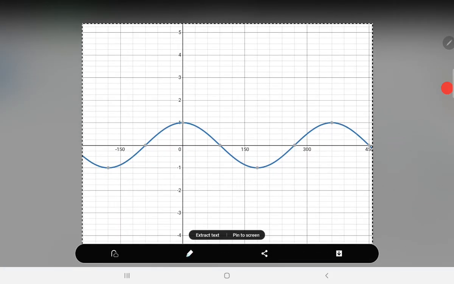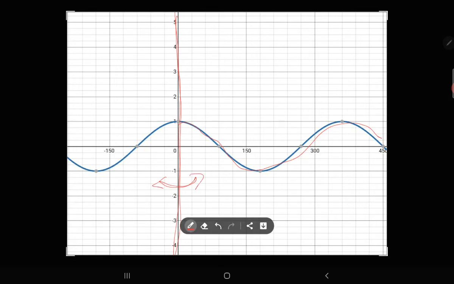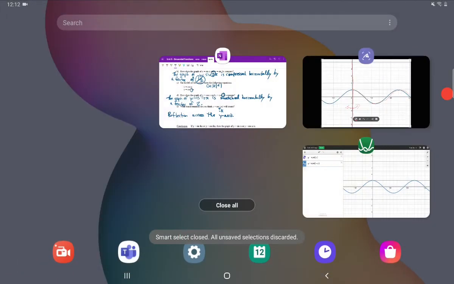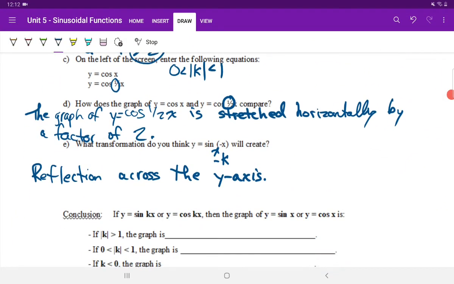If it's reflected across the y-axis, this exact same shape is going to reflect to there, and you would get the exact same shape. Hence why you don't see a new curve drawn there. So you can take my word for it that there is a reflection across the y-axis.